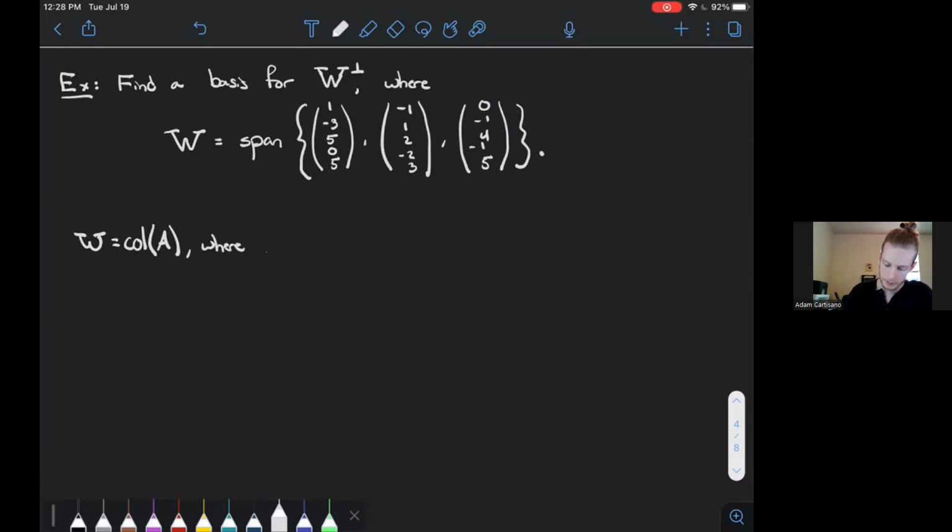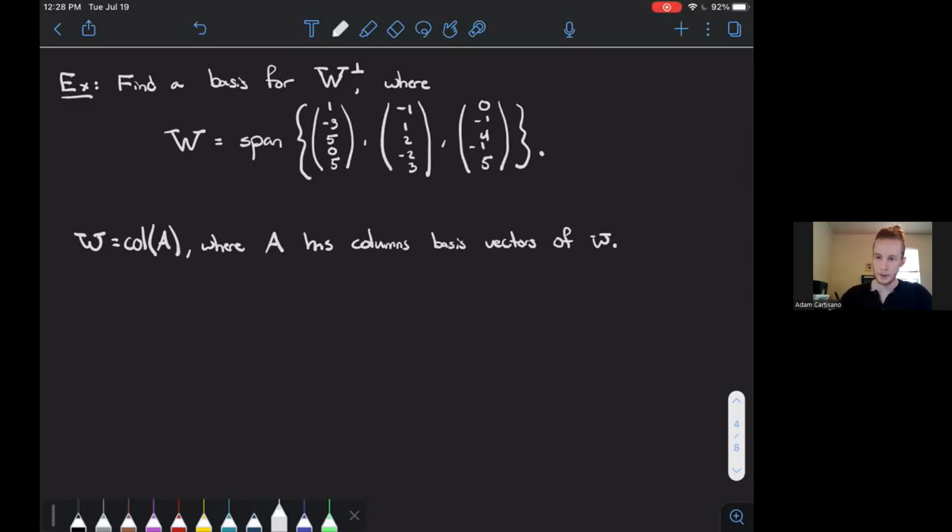where A has columns the basis vectors of W. It probably would have been easier to just label these vectors W1, W2, and W3, and then say A is the matrix whose columns are W1, W2, W3, whatever.